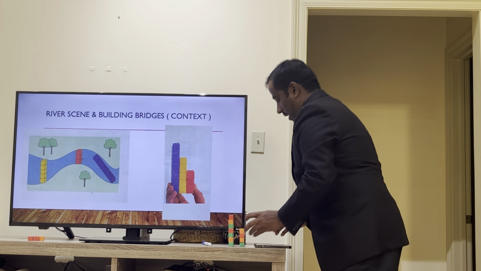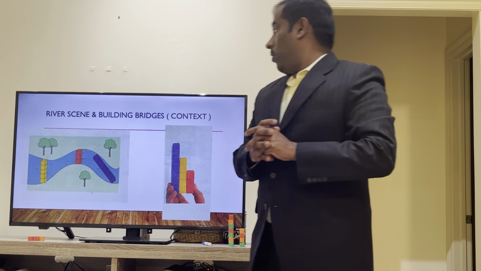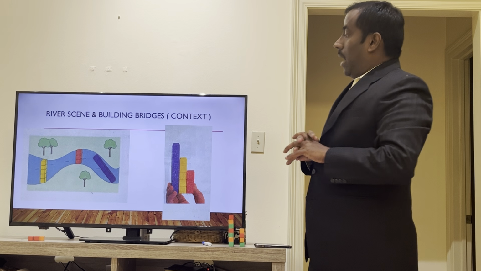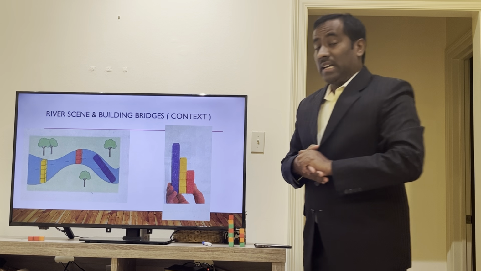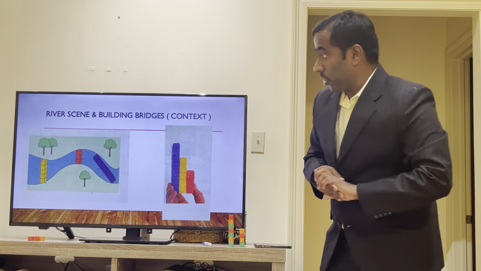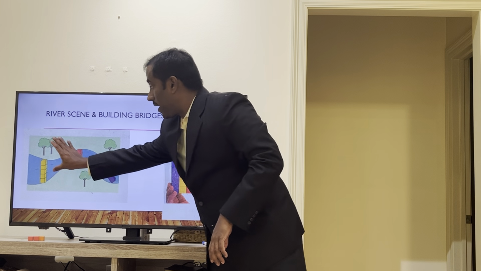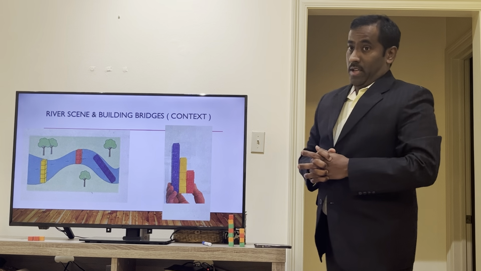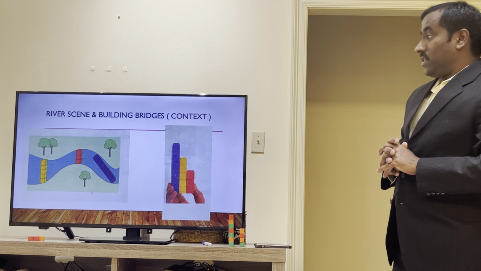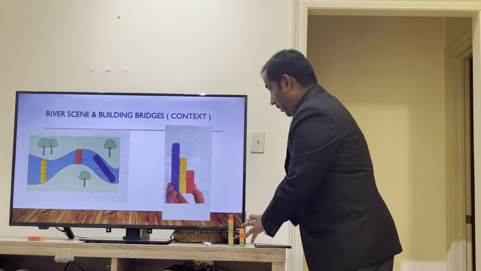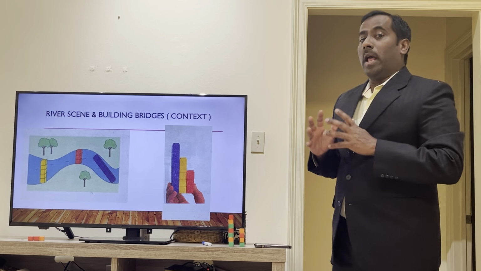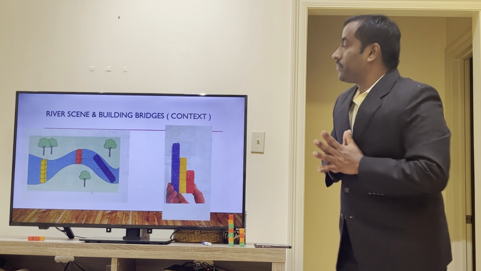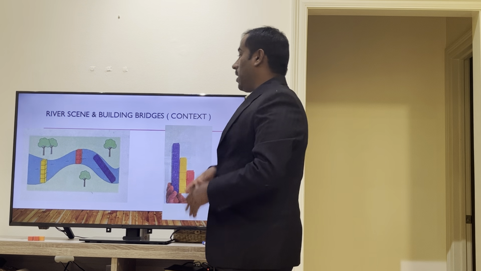Awesome. Now, for our lesson today, I'm going to start out with the river picture. You all see the river picture right here? Alright. So what you're going to do is use the number cubes and build the bridges for this river, okay?